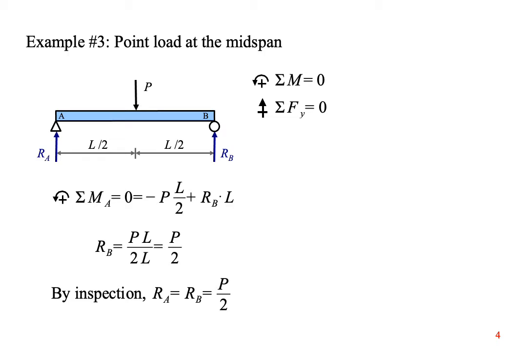The beam is symmetrical, and each support carries half of the applied load. When you have problems that look like this, you don't need to work out the sum of the moments and the sum of the forces in your homework. Simply state that, by inspection, both reaction forces equal 1/2 of the applied load.